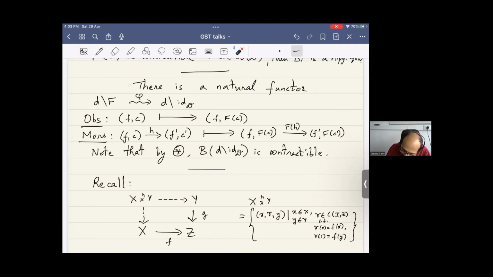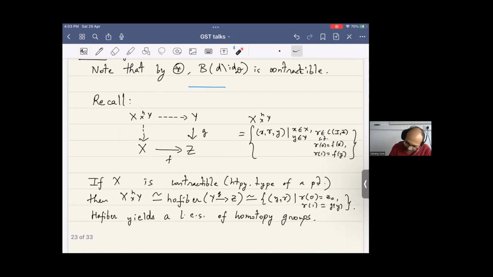And as a result, if you look at D, D is of course in the image of this functor. So that means this is a contractible space. Okay, so we have a natural functor phi from this thing to some contractible space. So keep that in mind.